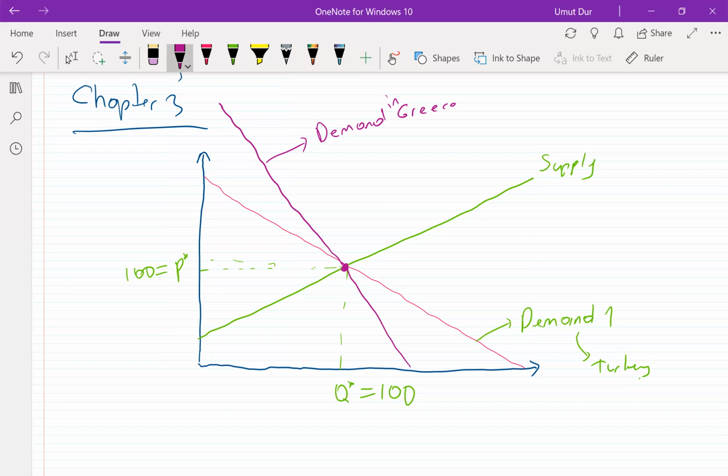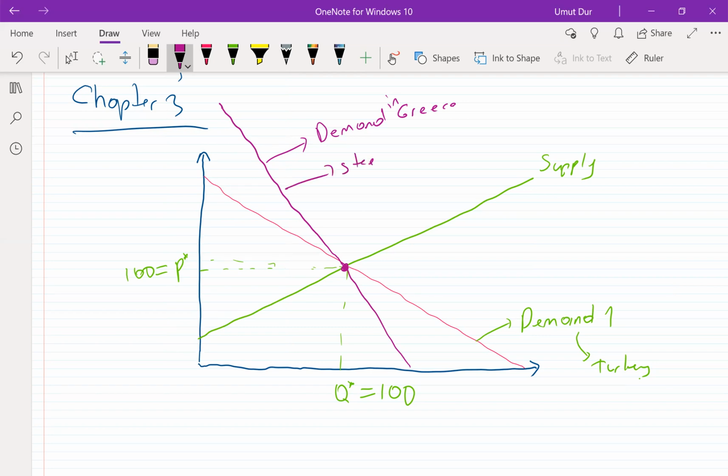Do we have the same demand in Greece and in Turkey? Are the Turkish demand and the Greek demand the same? No, it's apparent. When you look at the curves, one of them is steeper. Which one is steeper?